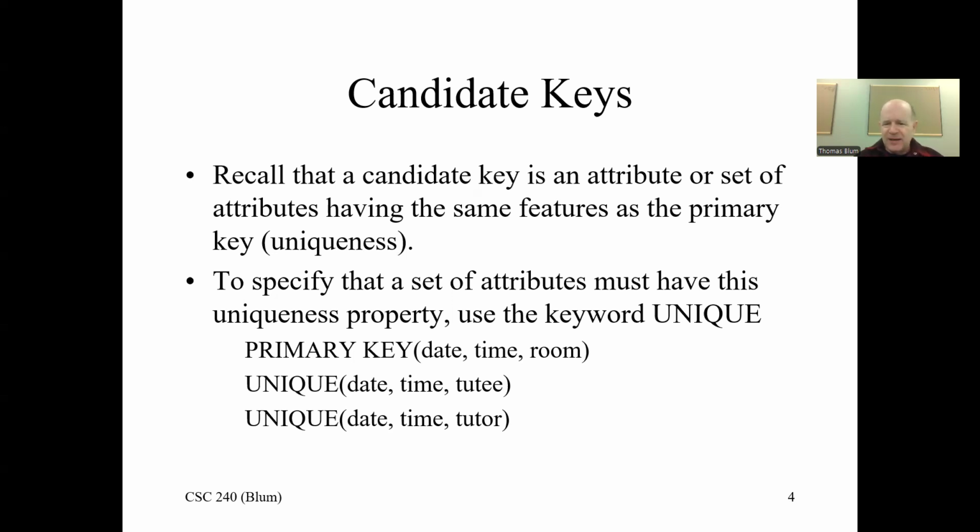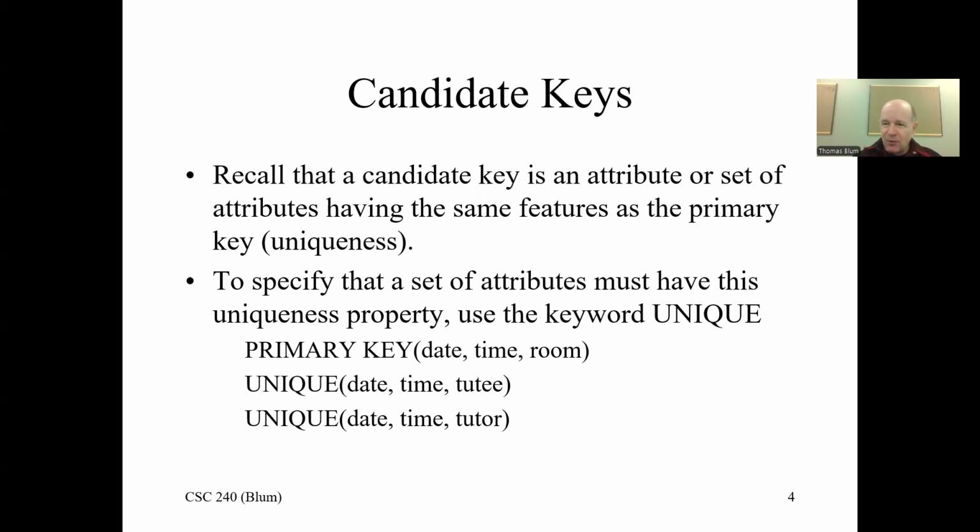We had an example where we looked at a table with tutors being assigned, and so we could identify a record by the date and the time in the room. Or we could say the date and the time and the tutor, or the date and the time and the tutee. These were all ways to pick out records of a particular table.